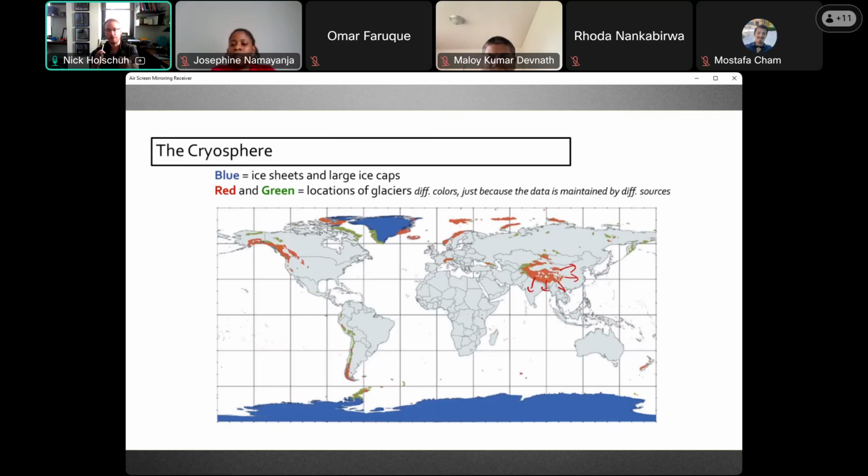The Ganges, the Brahmaputra, the Yellow River, the Yangtze River, all of these are fed by meltwater from glaciers in the Himalaya. And so the fate of these glaciers really matters for those people for whom agriculture and fresh water are really supplied by glacial melt.